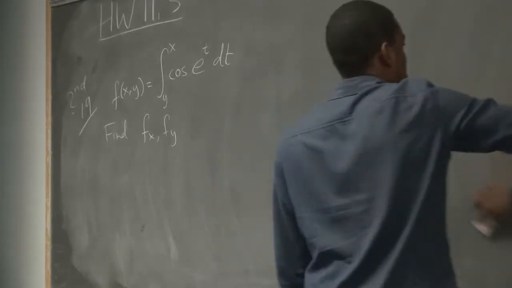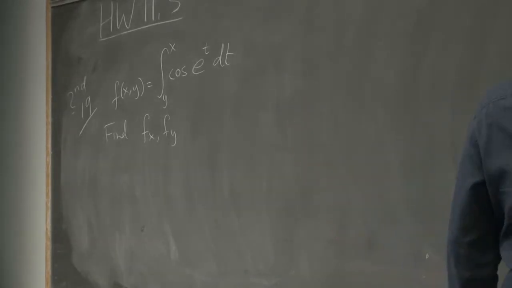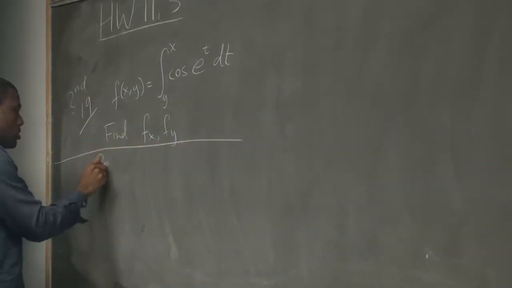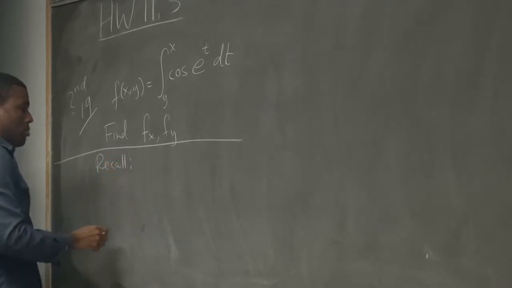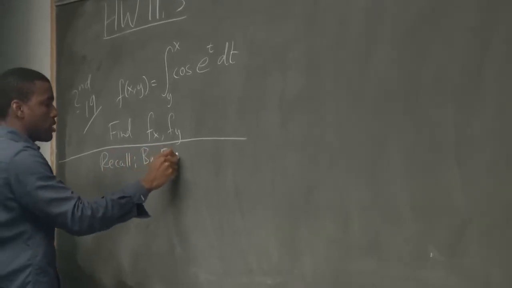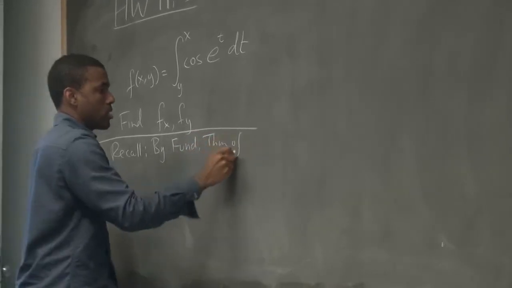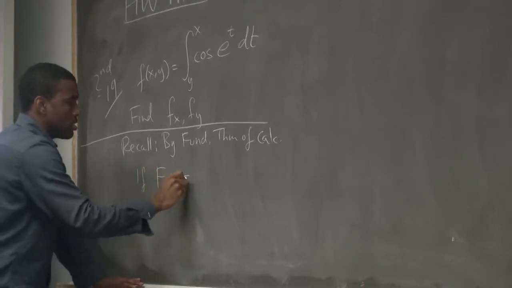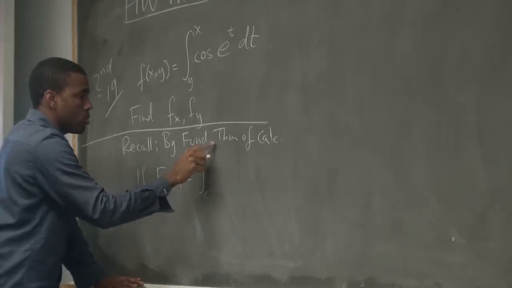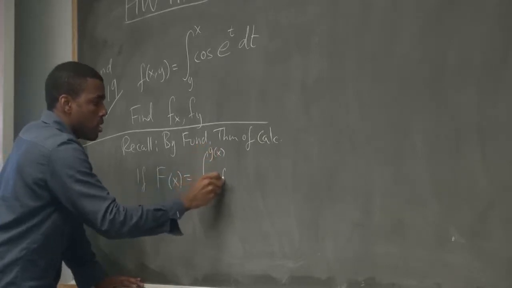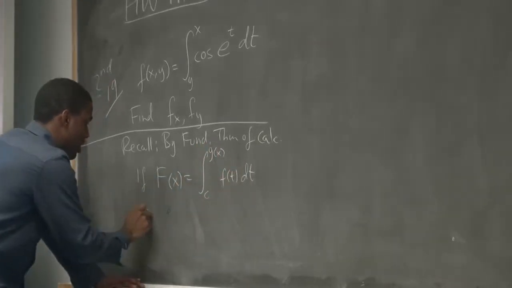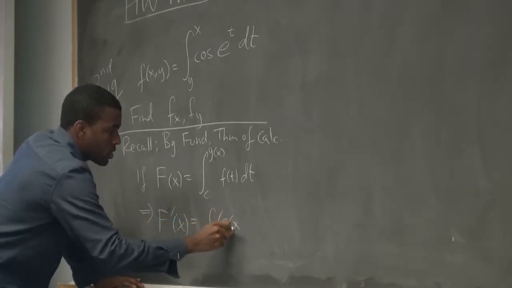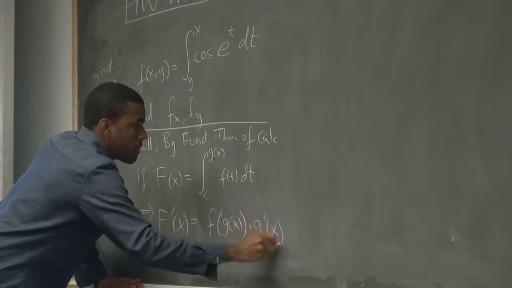Okay, how do we do that one? Fundamental theorem of calculus. By the fundamental theorem of calculus, if we have f of x defined by an integral from a constant up to a function of f of t dt, then the derivative is just f evaluated at the function times the derivative of the function.